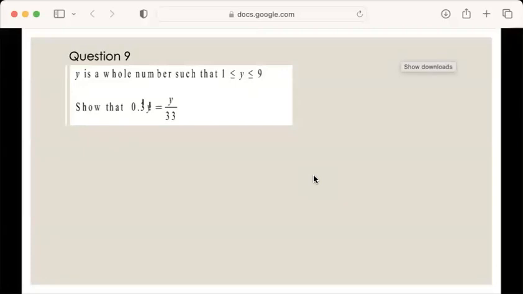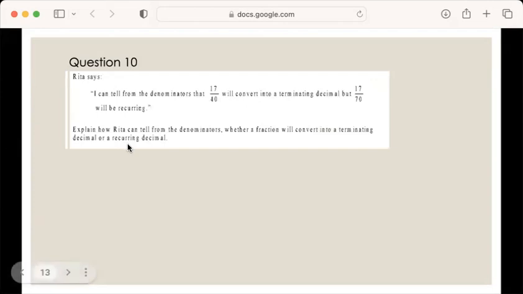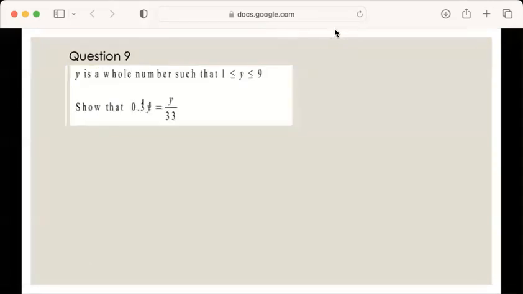Right, question number 9. Y is a whole number such that y is greater than or equal to 1 and less than or equal to 9. Show that 0.3y recurring is equal to y over 33. Okay, now here we have two recurring numbers, so we need to multiply by 100.